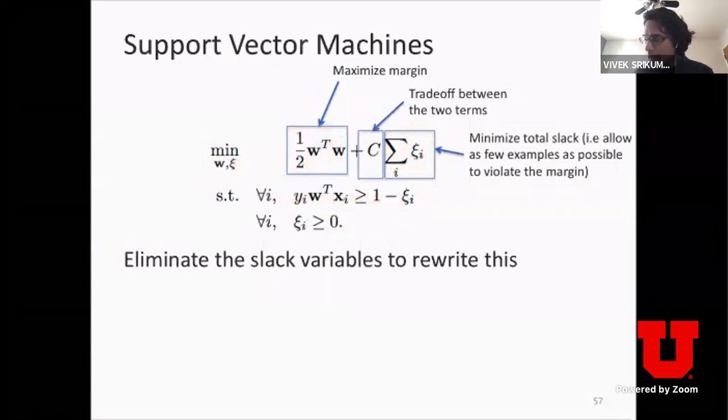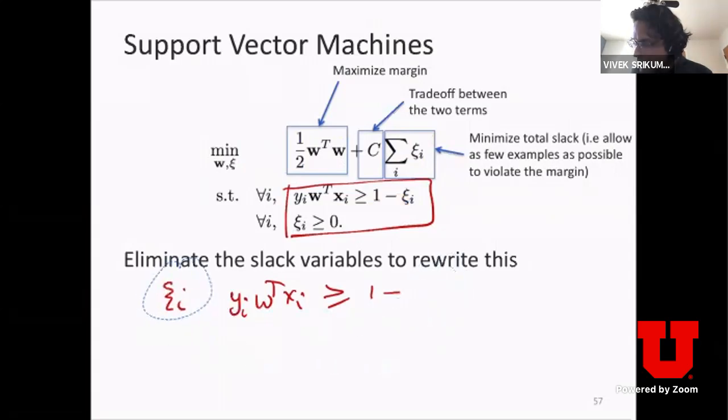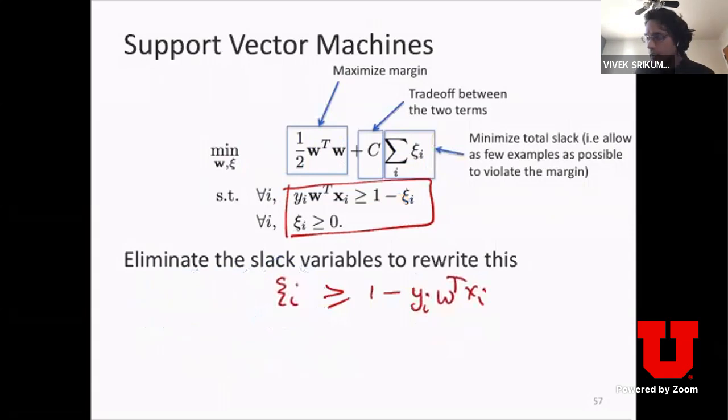We can eliminate the slacks by combining these two inequalities. y i w transpose x i is greater than or equal to 1 minus the slack i. I'm going to move these terms around. This goes here, and this goes here. So the slack is greater than or equal to 1 minus y w transpose x. And we also know that the slack is greater than or equal to 0 from this constraint here.